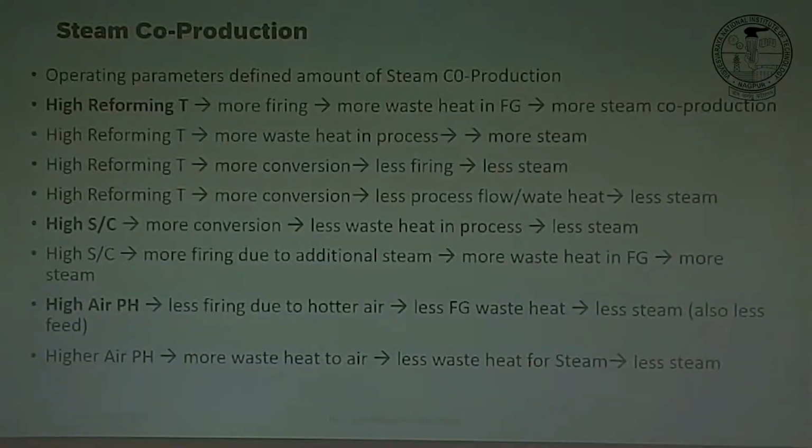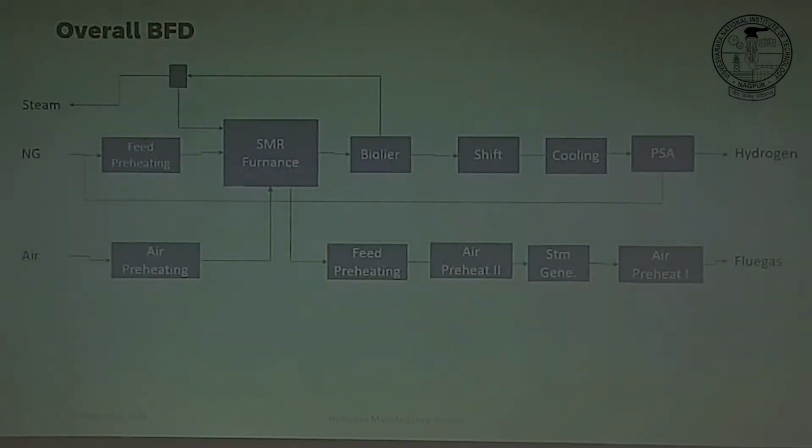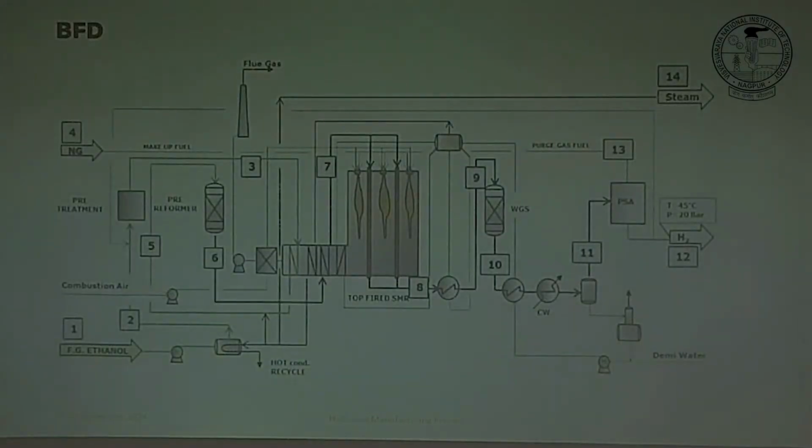This high air preheat temperature will have the biggest effect on your steam co-production, because, as we saw in this waste heat recovery part, if you preheat your air higher, you will generate less steam because you have less energy left in your flue gas. So if you increase these two, this one will go down. Air preheat temperature has the biggest effect on the steam co-production.